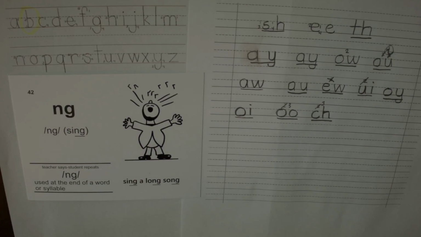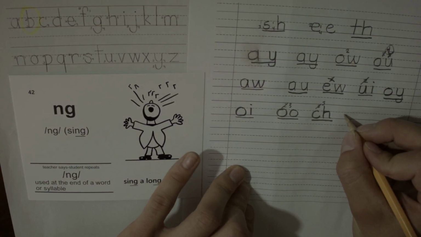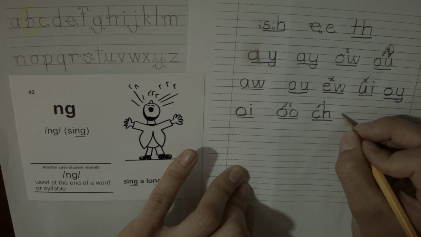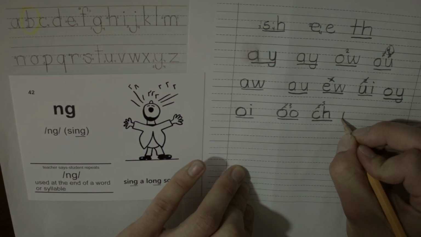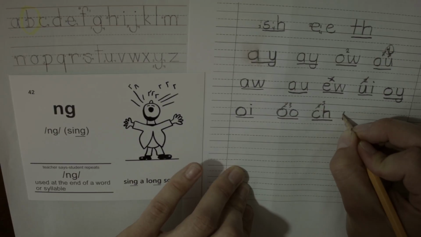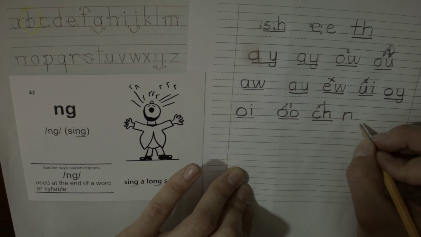All right, you guys, this is sing. Sing a long song, used at the end of a word or syllable. Let's go ahead and write this. We are going to start right here at the midline, trace down to the baseline, trace back up past 2 on the midline, over to 1, back down to the baseline to 4.